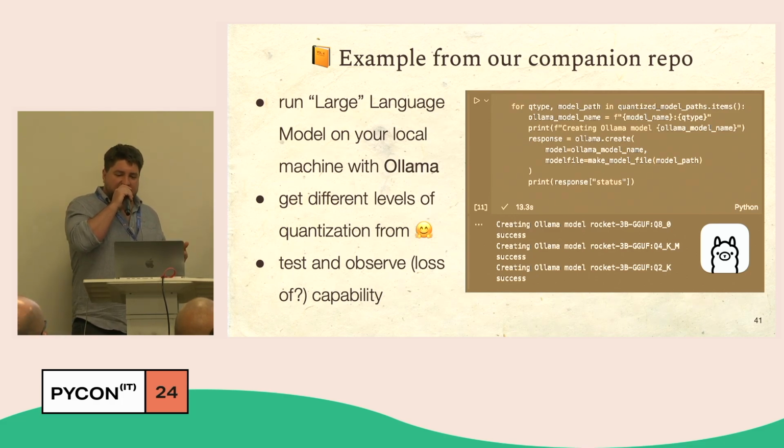And then you can test and observe the capability loss, the development of the capabilities. And since we're in the impressive city of Florence, we're asking the model to recommend us an itinerary for sightseeing. I invite you to try it out, but maybe fact check the 2-bit model before you go out and look for the Leaning Dome of Florence.